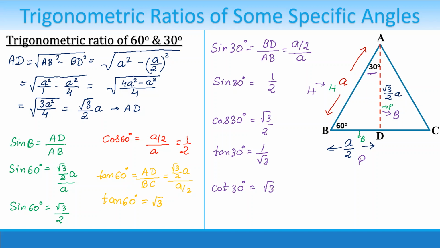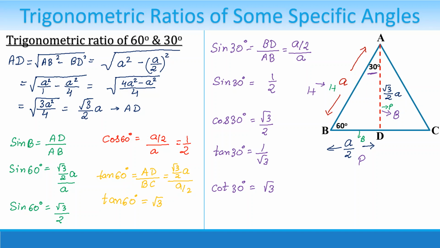So we did it for 45 degrees, 60° and 30°. The geometrical interpretation of 0° and 90° is out of the syllabus this time. So we will not be discussing those, though we will see what will be the value of these trigonometric ratios if the angle becomes 0° or 90°.